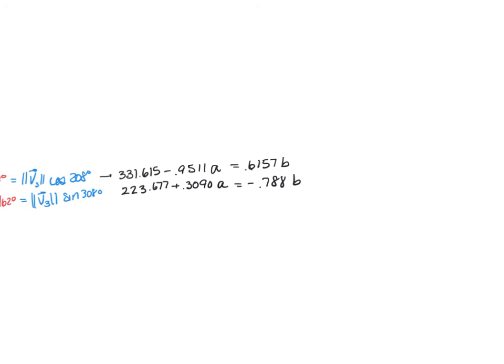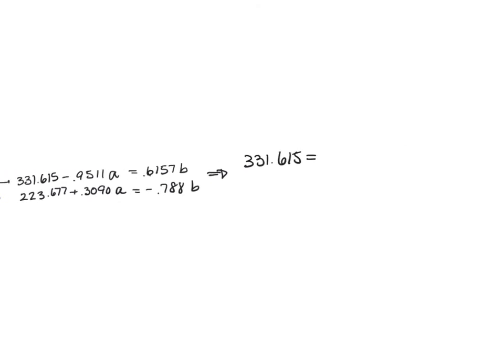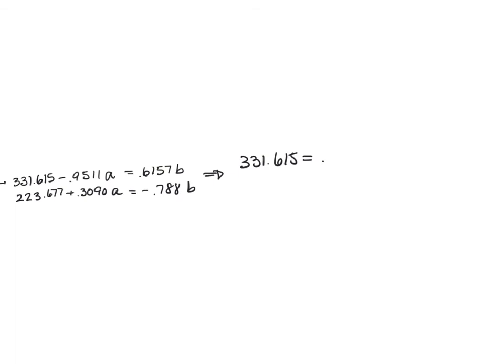Now, if I'm doing it by a matrix, then I need to write it in the correct form. So I'd write this as 331.615 is equal to 0.9511A plus 0.6157B.